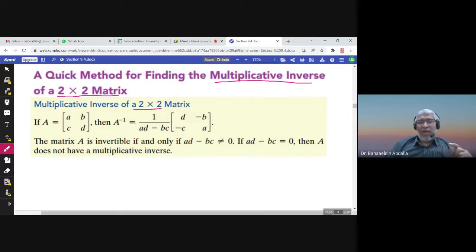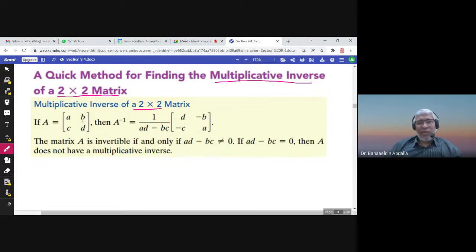Well, A inverse would be 1 over A times D minus B times C, okay, AD minus BC. And then this is a number. What you get here is a number times the matrix. What do you do with this matrix? A and D, you change their positions.